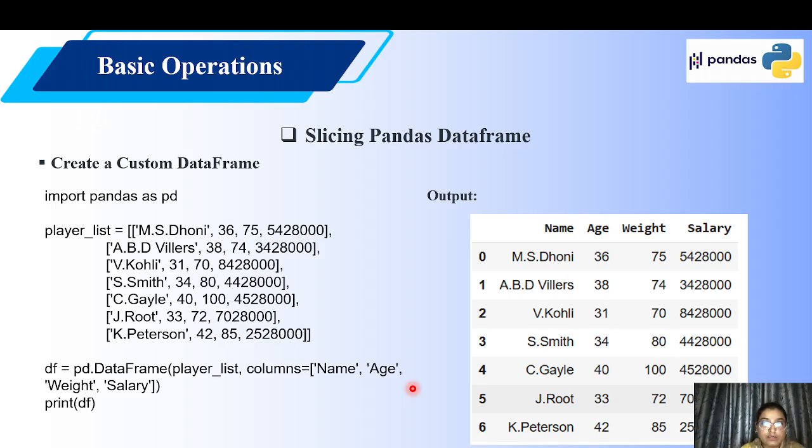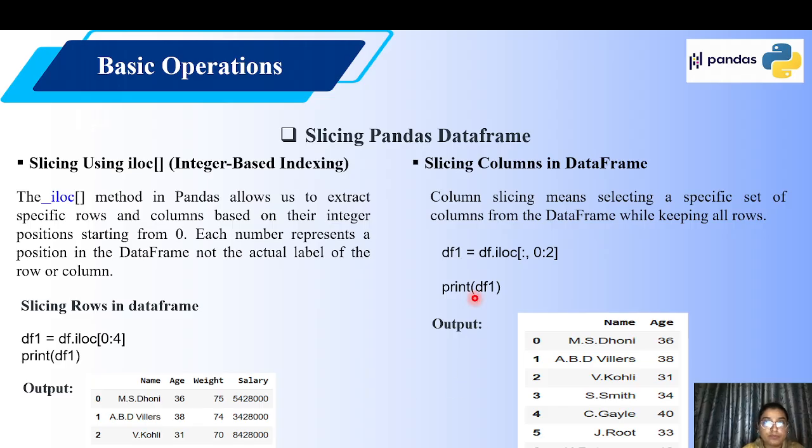Okay, and the same slicing concept will be implemented here as it was implemented in the series. We will slice pandas using iloc, where we give the index position, and we can also slice columns in data frames while keeping all rows.